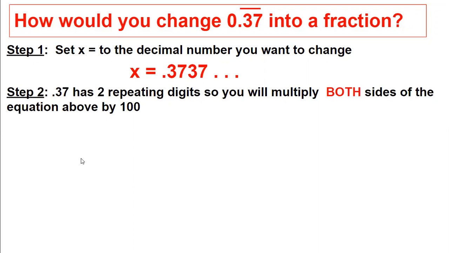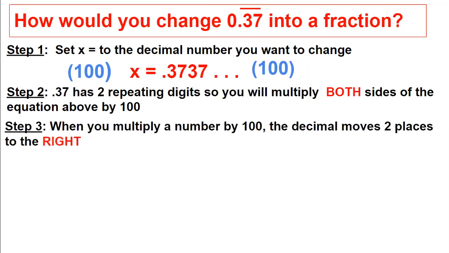So let's multiply both sides by 100. So if I multiply 100 times x, I will get 100x. But what's going to happen if I multiply 100 times 0.3737? So when you multiply a number by 100, the decimal moves 2 places to the right. Get a different color here.